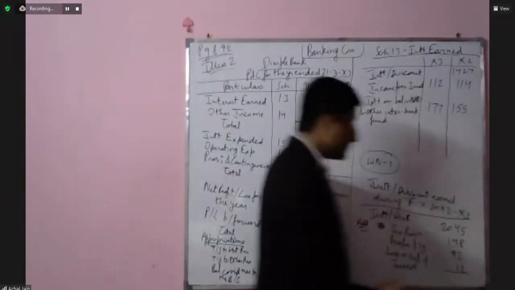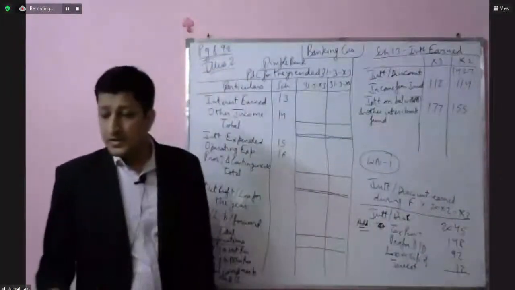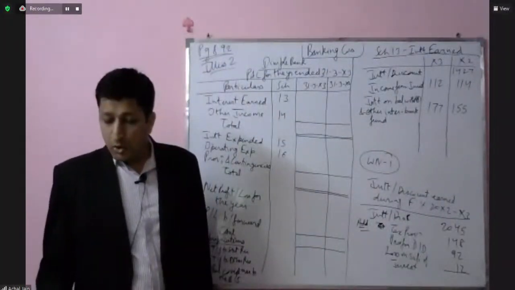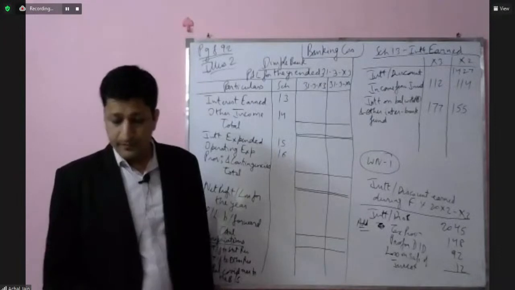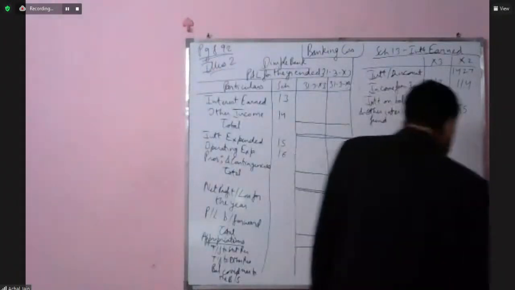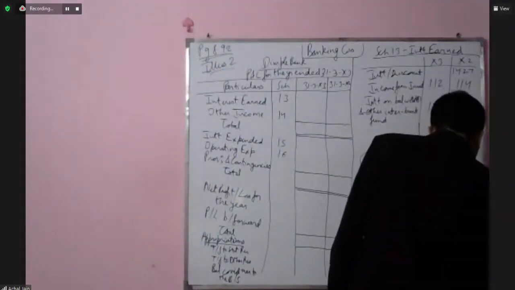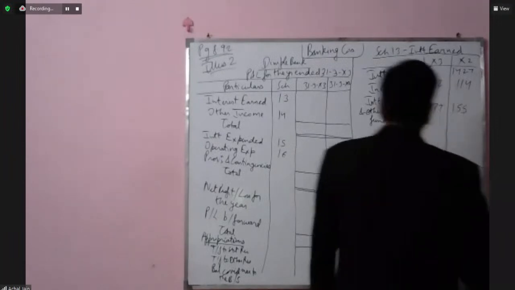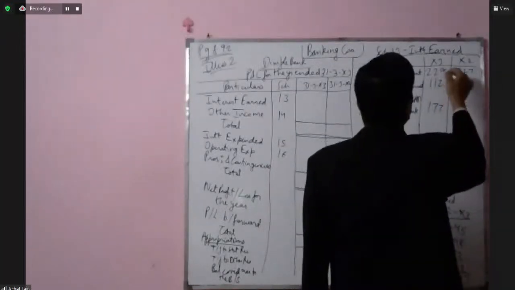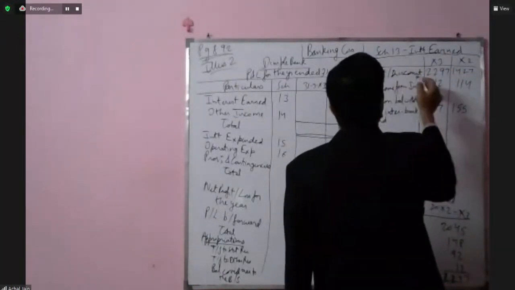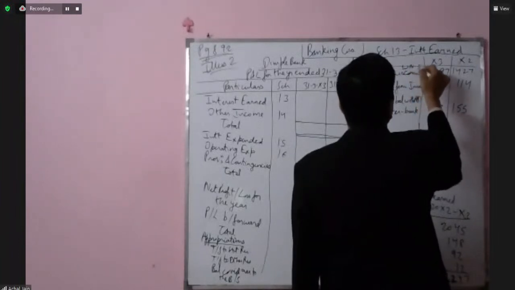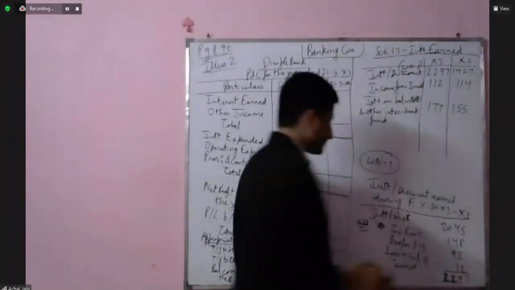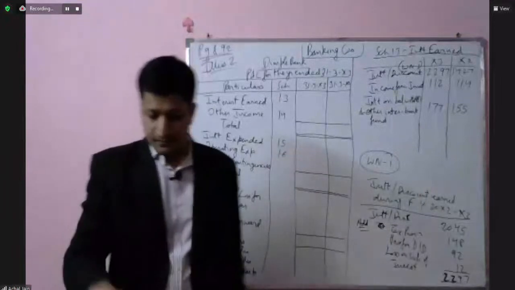So what does it become? It becomes 2297. So we can bring it over here, 2297, and give the reference of working note number 1.